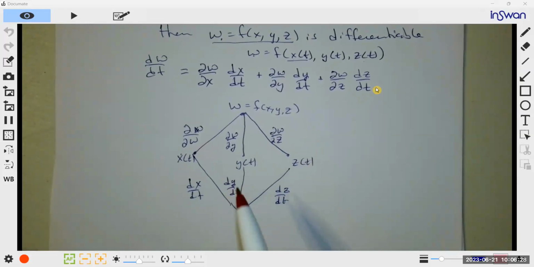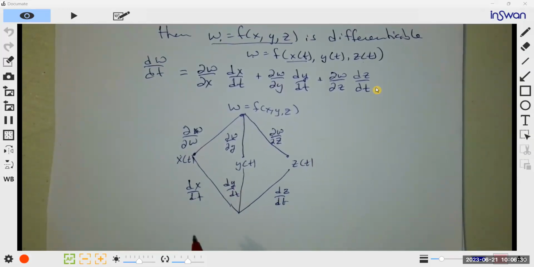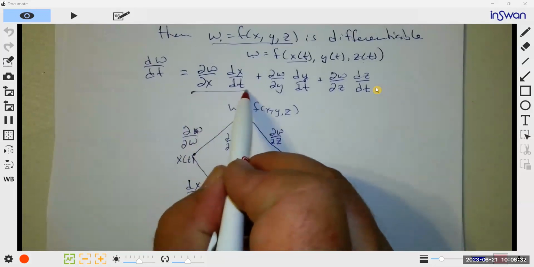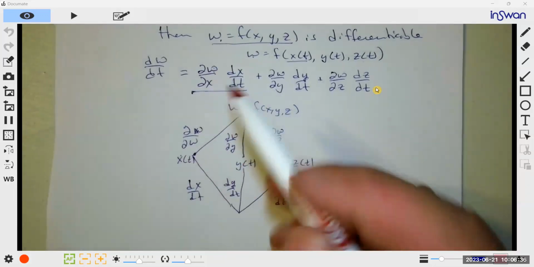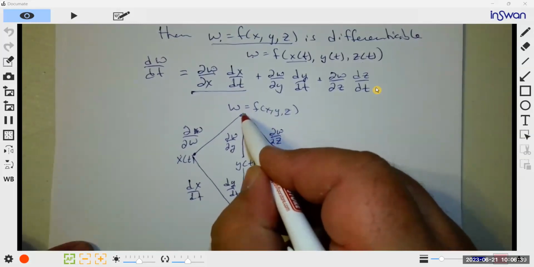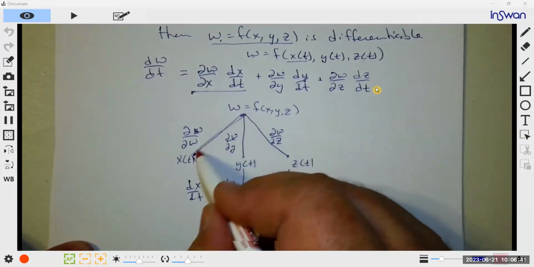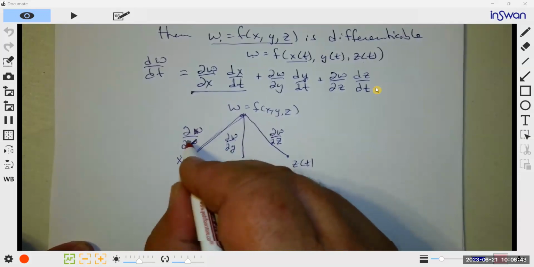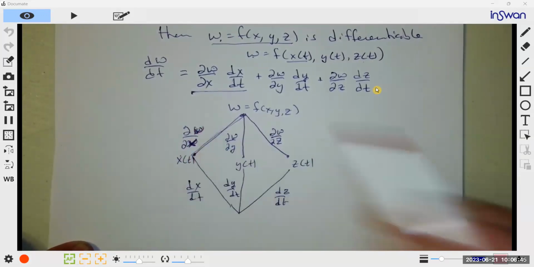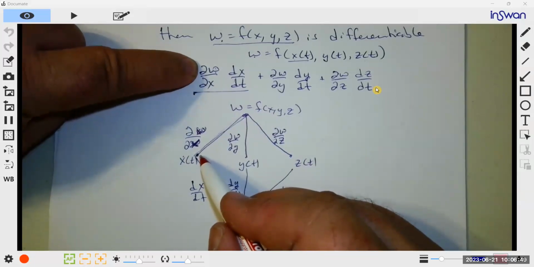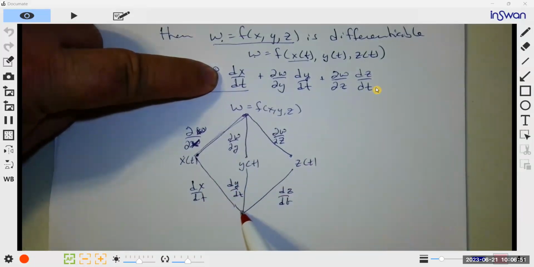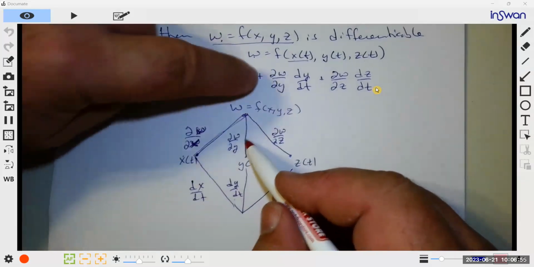Okay, some of you may be confused. How do you read this? Well, let's look at this first part. Since we're dealing with x, I'm starting with a function. I'm taking partial of w with respect to x. Oops, that should be x. So I took the partial with respect to x, and then the derivative of x with respect to t. That's the first path. Now I add this path.